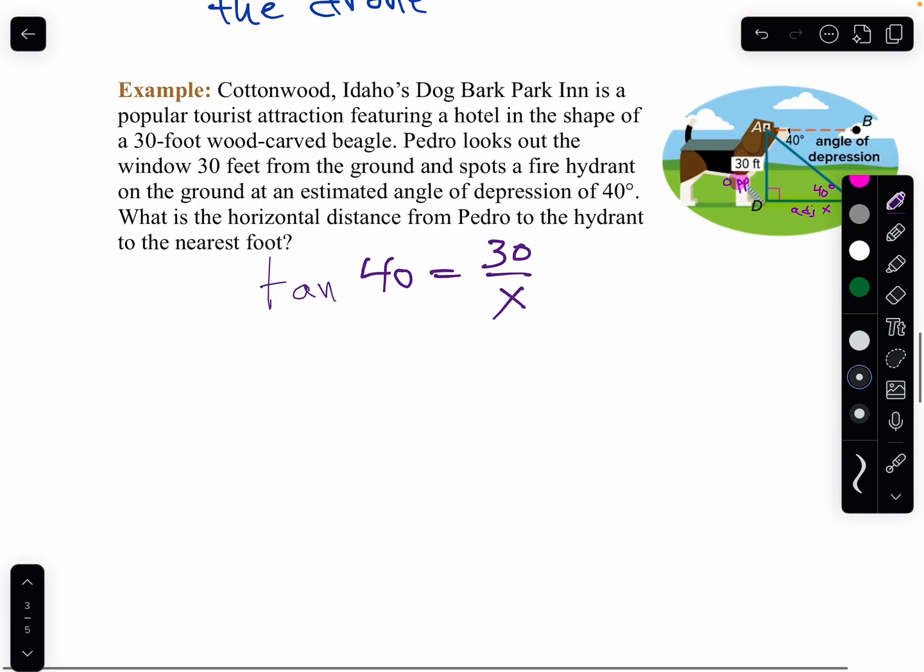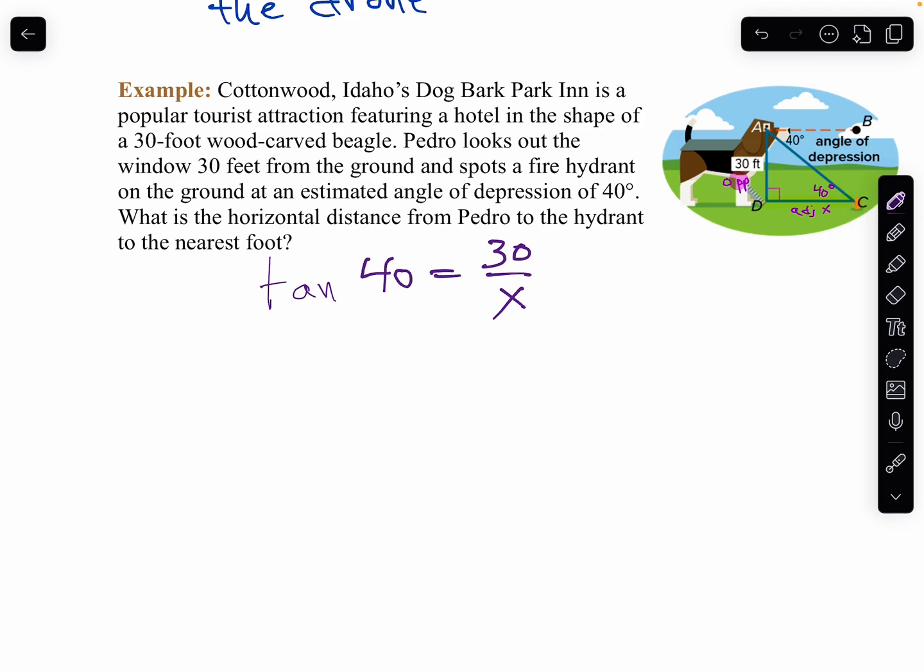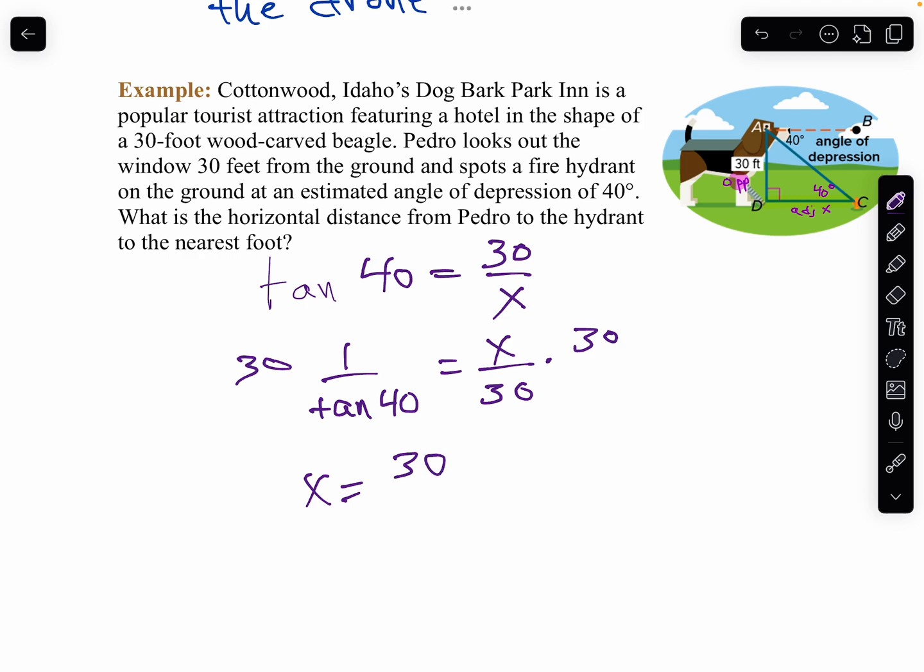And I want to solve for x, so I don't like x in the denominator, so I'm going to take the reciprocal of both sides. I'm going to say 1 over the tangent of 40 equals x over 30. Then to solve for x, I'll multiply both sides by 30. So really, my exact answer is 30 divided by the tangent of 40.